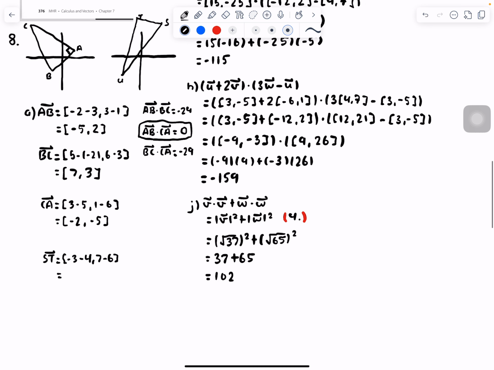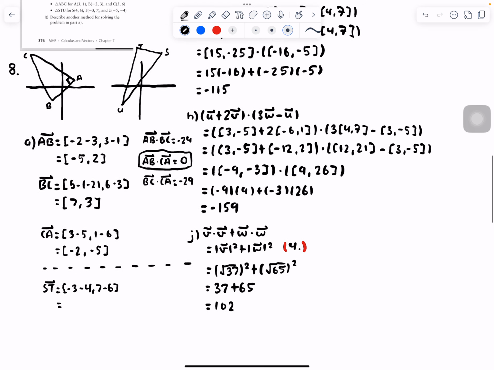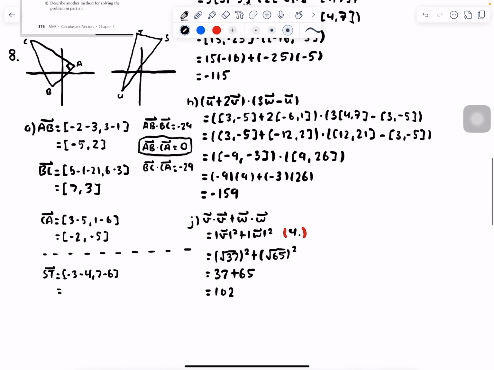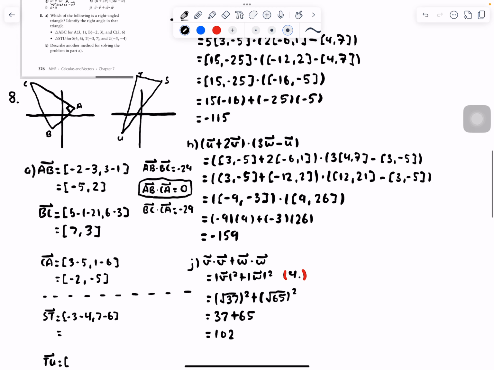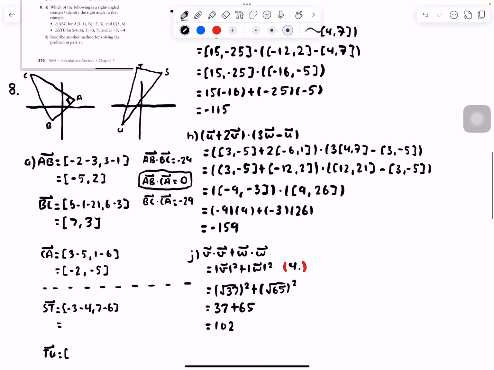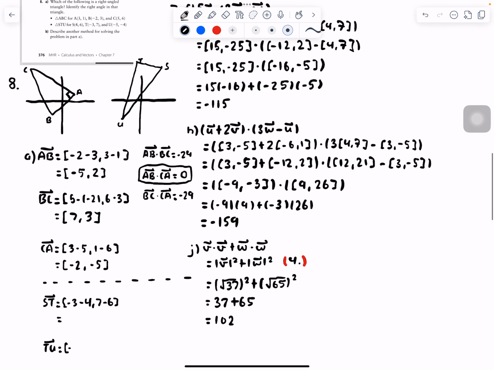Okay. And then we have TU. Let's do TU. TU would be negative 5 minus negative 3. And then negative 4 minus 7.